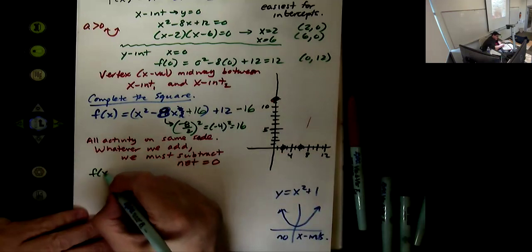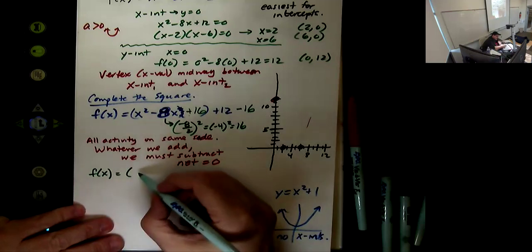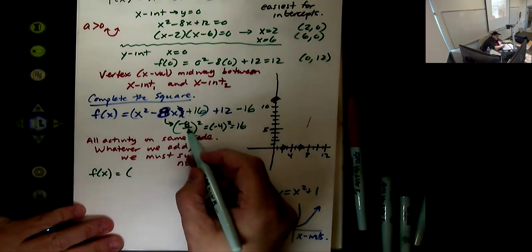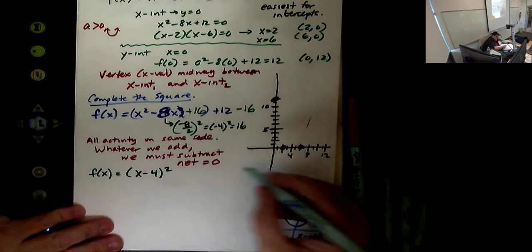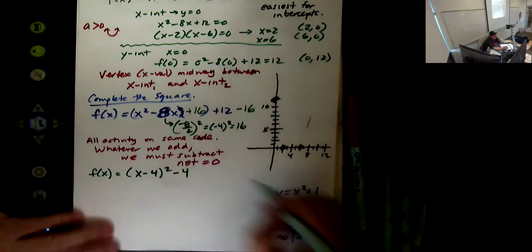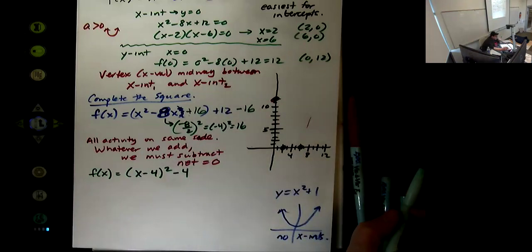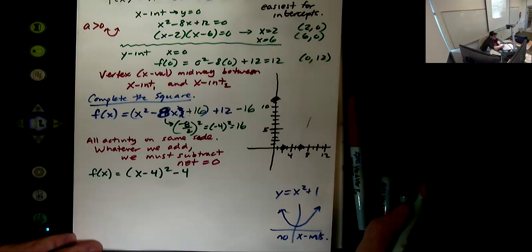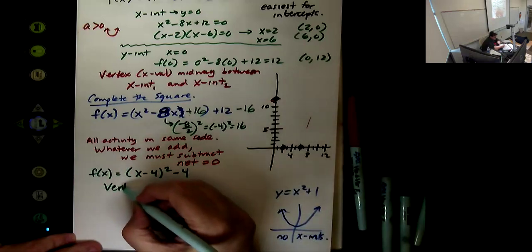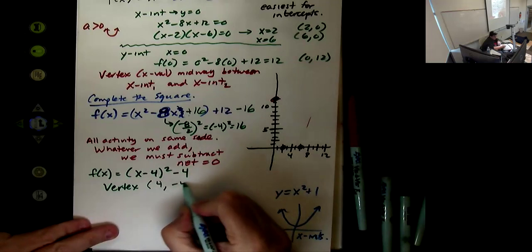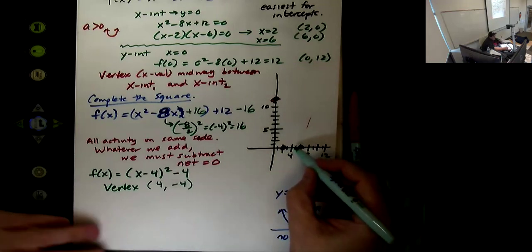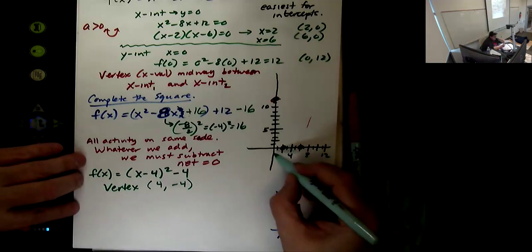So that rewrites this equation as, and completing the square, this is what falls into the parentheses, (x minus 4) squared, and 12 minus 16 is -4. My vertex is where? (4, -4), right? So if our intuition of 4 earlier was correct.